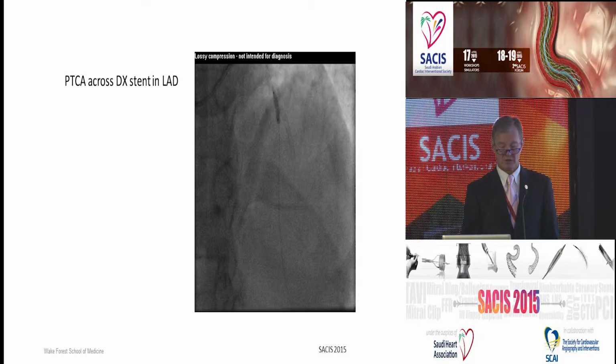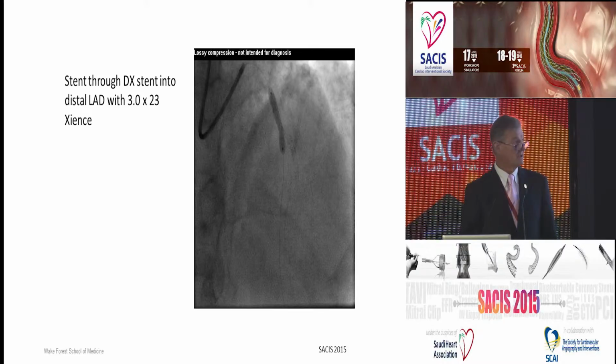In this case, with the culotte technique, the wire that was in the diagonal vessel is then pulled back so that you know it's still within the parent vessel, and then advanced down into the distal LAD, so we can see the two wires there in the LAD coronary artery. Here now a balloon is passed through the struts of the stent in the diagonal within the LAD itself.